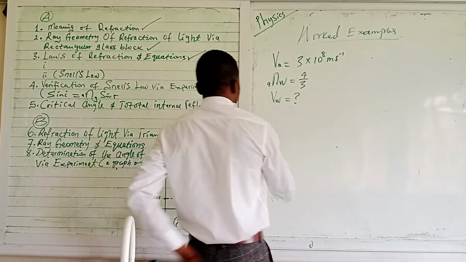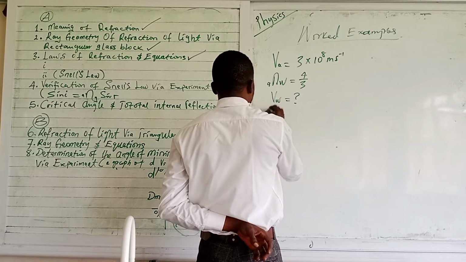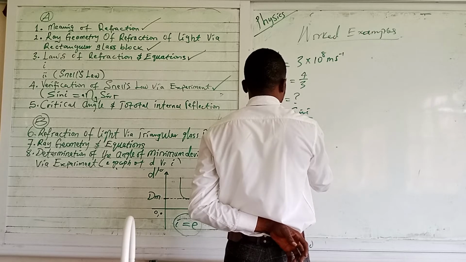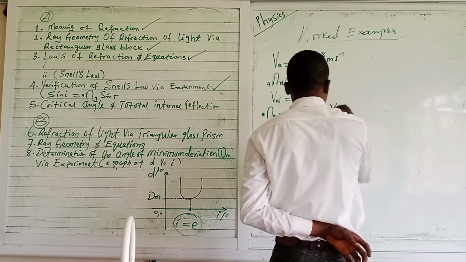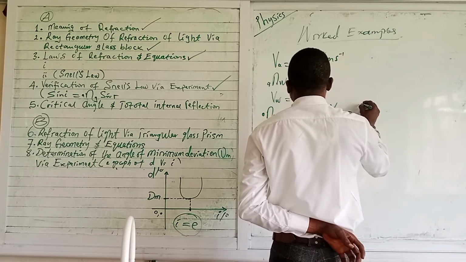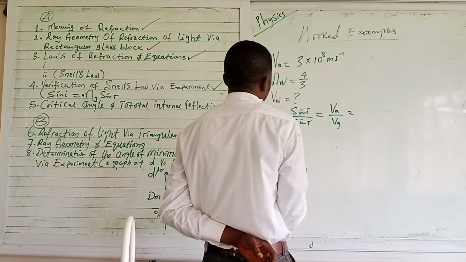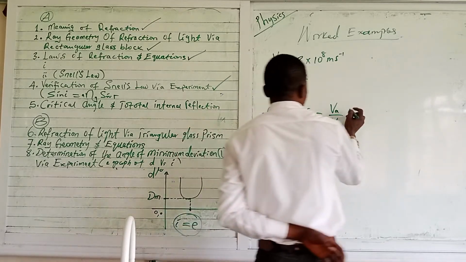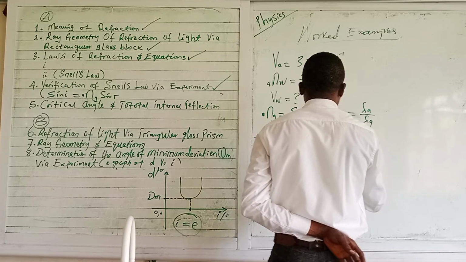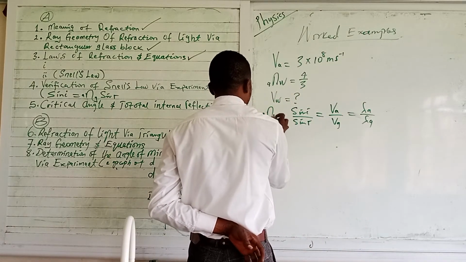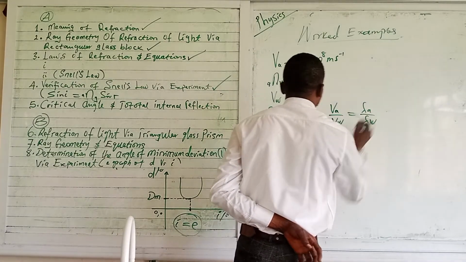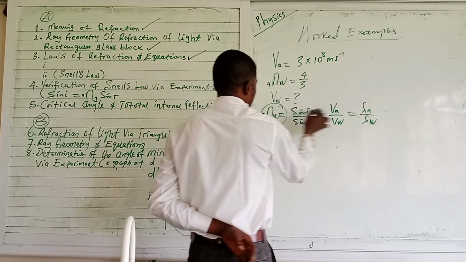Recall that I said that air to glass is going to be sine of I over sine of R, equals VA over VG, equals lambda A over lambda G. So in this case, we change this G to W, this to W, and this to W. However, we are making use of just this and this.